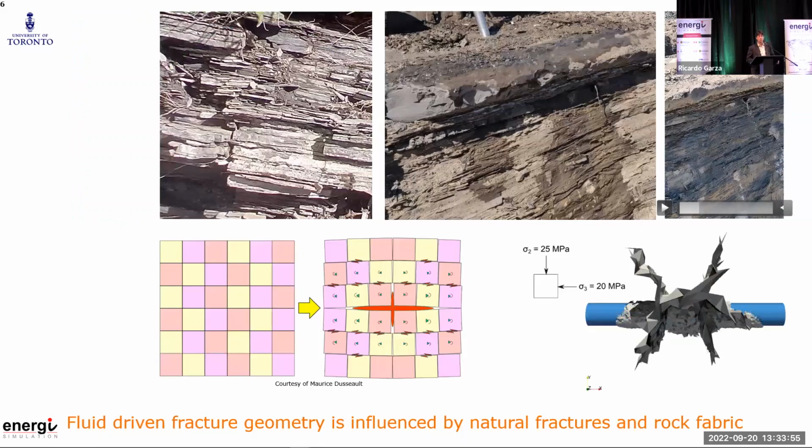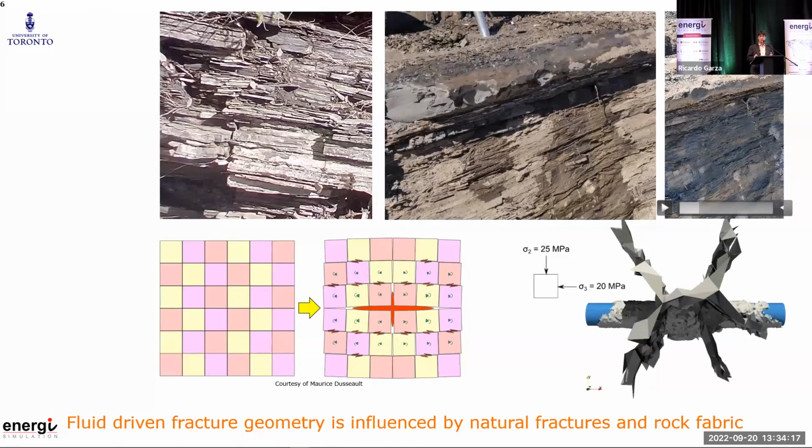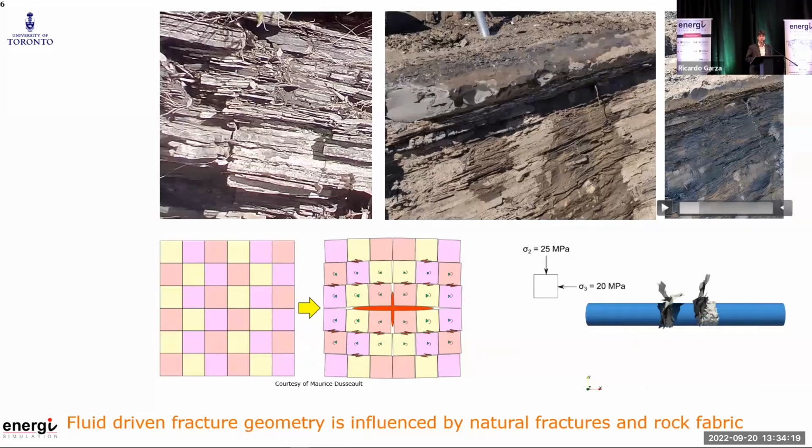One thing that has been proposed, for example by Professor Dusseault, is that when you inject, we need to really take advantage of the fact that the rock is fractured. When you inject the fluid, you create an opening, you create some slip, you can create some rotations. In the picture on the top, you see what the Montney shale outcrop looks like.